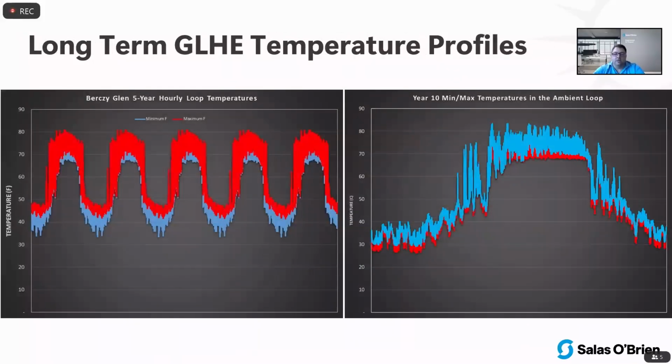And then, of course, we always look at long-term net effects of the system, especially when we're looking at vertical ground loop heat exchangers. If we have large bore fields, we could impact them by putting too much heat in or taking too much heat out, and how that impacts the earth over time. And that's the other beautiful thing about distributed thermal assets: the smaller you make them and the more distributed, the less we're going to have any impact on the earth over the long haul, versus if we put all that into one area.